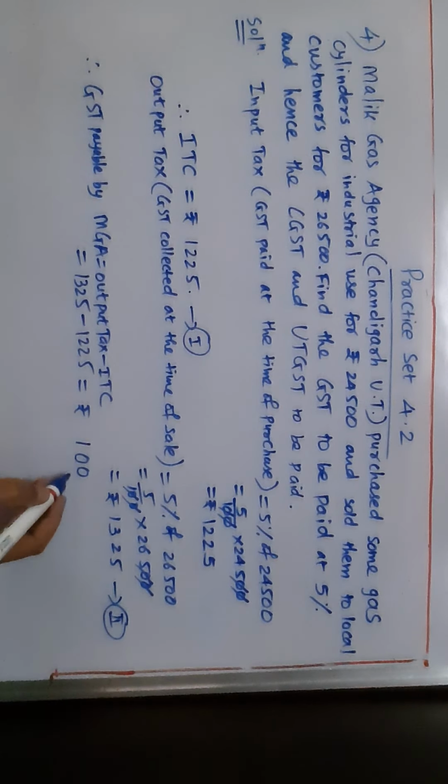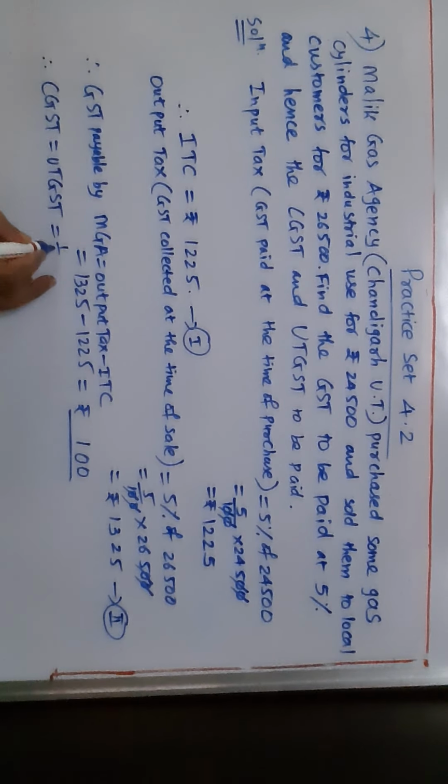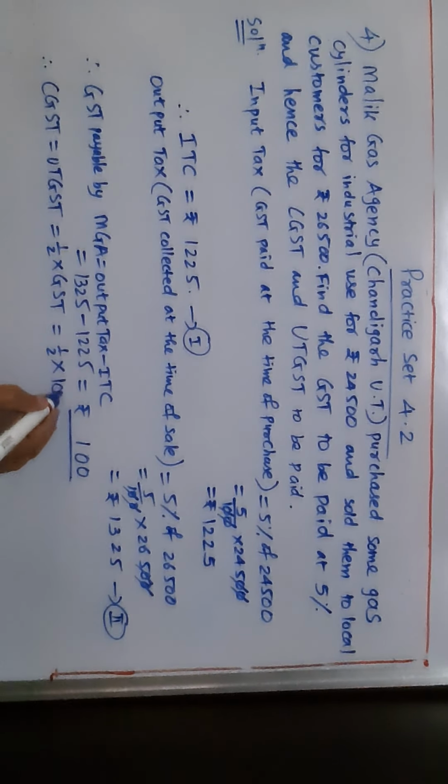So 100 rupees will be the GST payable. And therefore CGST is equal to UTGST, which is equal to half of GST, half multiplied by GST, which is equal to half of rupees 100. Half of rupees 100 is rupees 50 each. So the central government's GST is 50 rupees and the Union Territory GST is also rupees 50.